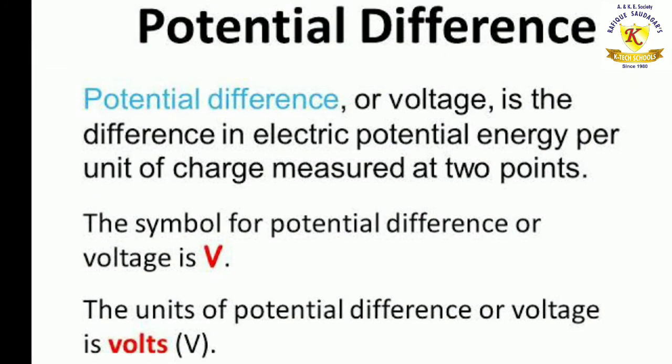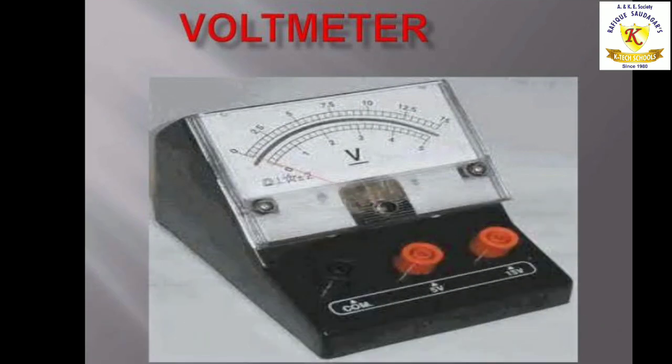Potential difference or voltage is the difference in electric potential energy per unit of charge measured at 2 points. The symbol for potential difference or voltage is V and the unit is volts. An instrument used to measure the potential difference is called a voltmeter.